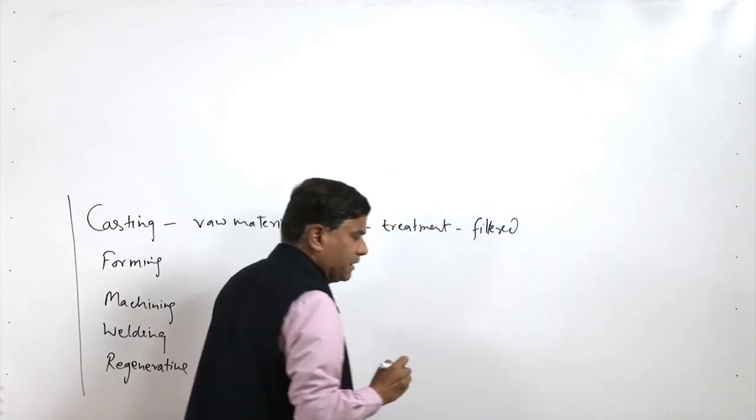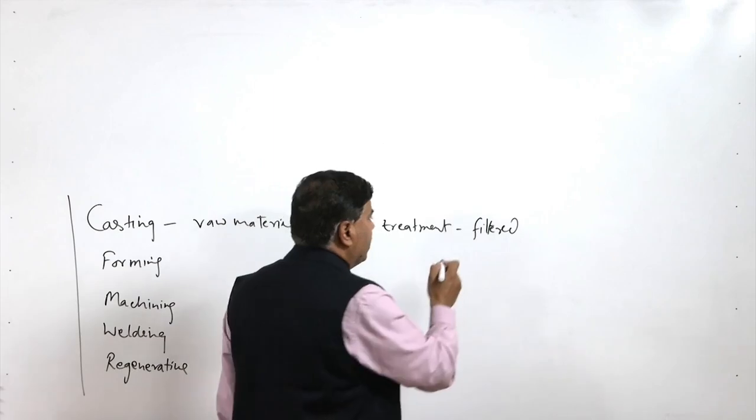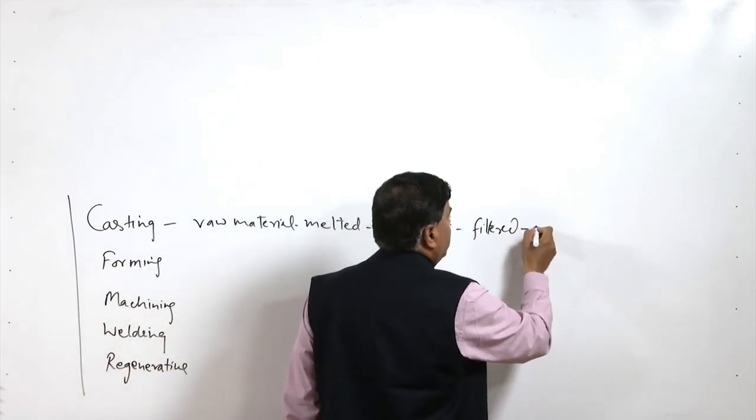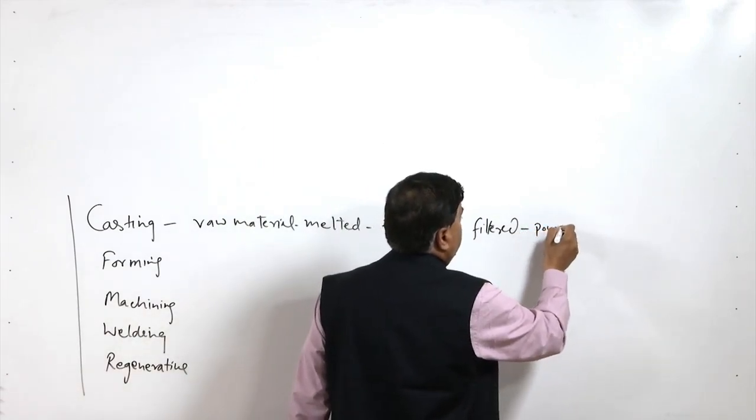So, filtration is another step, and then the filtered molten metal is poured into the mold.